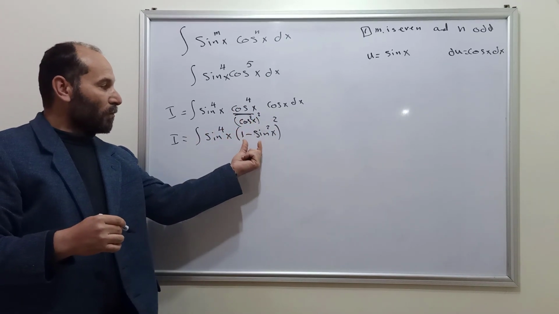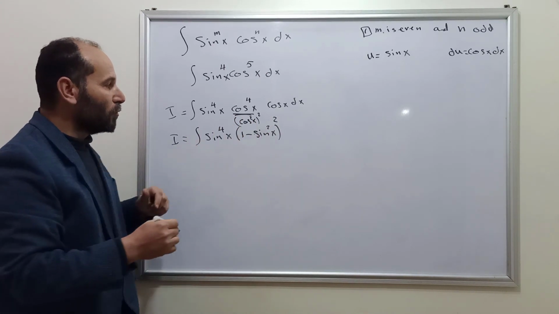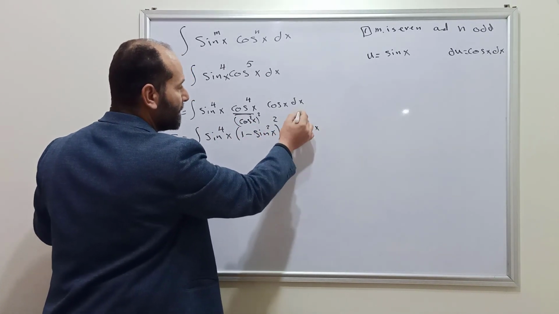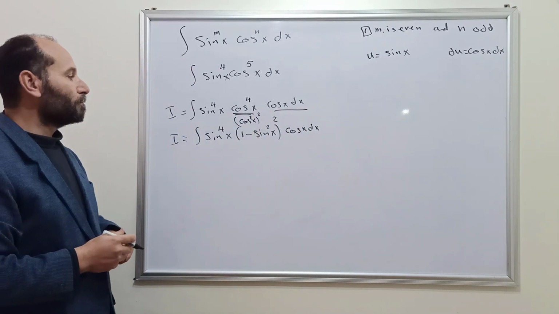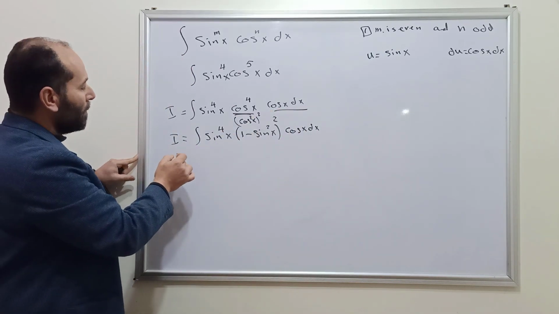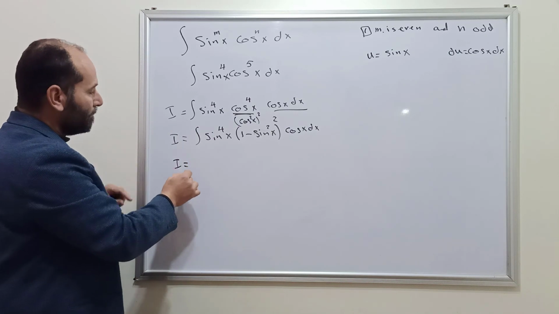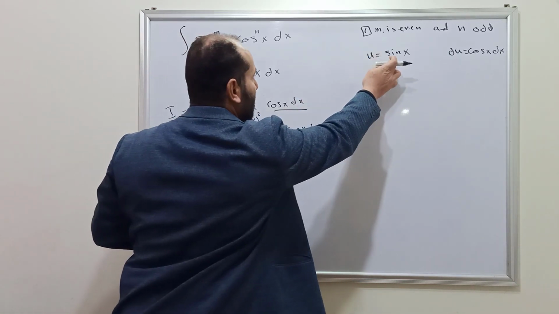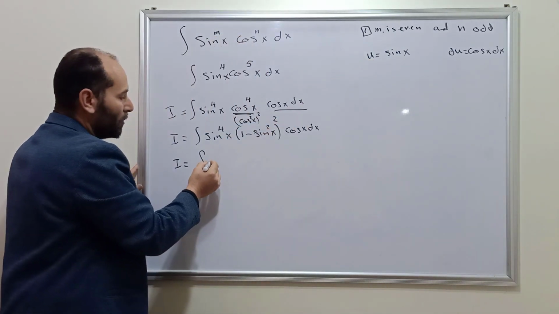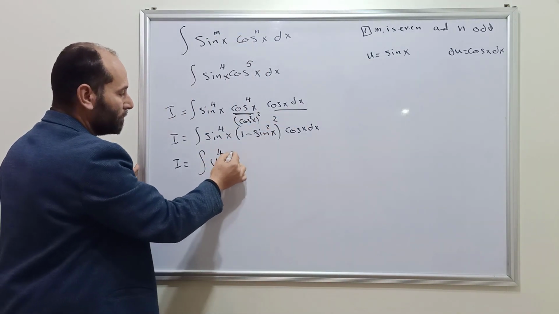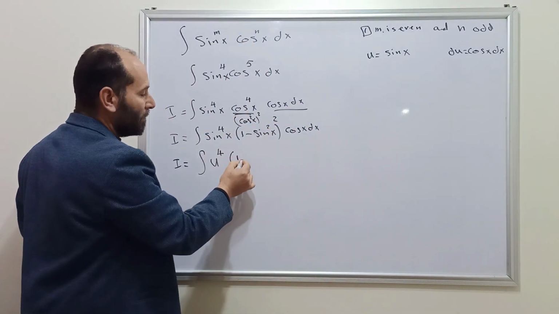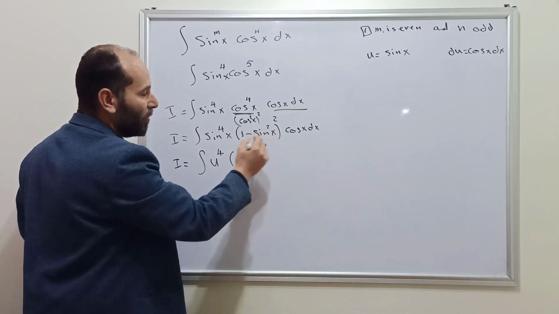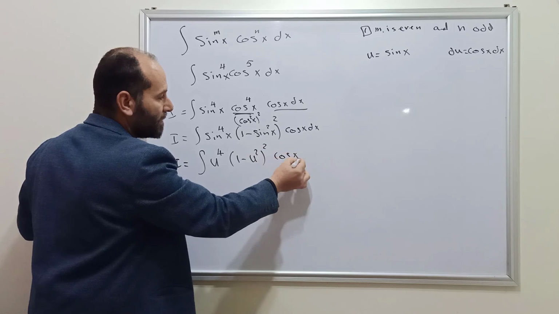Cosine squared x equals 1 minus sine squared x, all power 2, times cosine x dx. I equals the integration of sine power 4 x, where sine x equals u, so u power 4, times 1 minus sine squared x, that is 1 minus u squared, all power 2, cosine x dx.